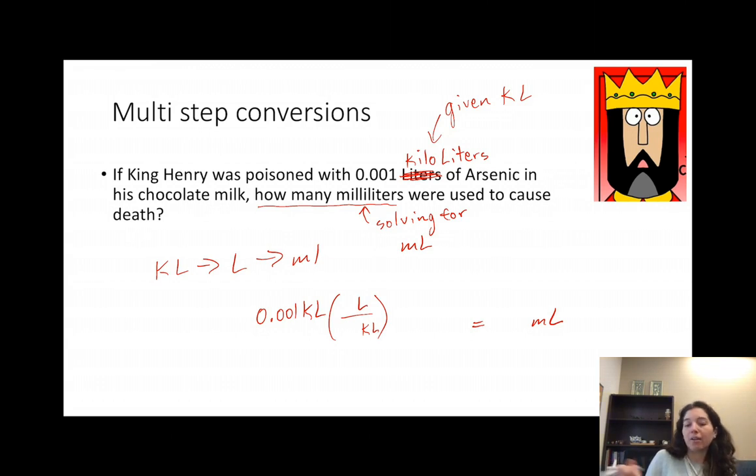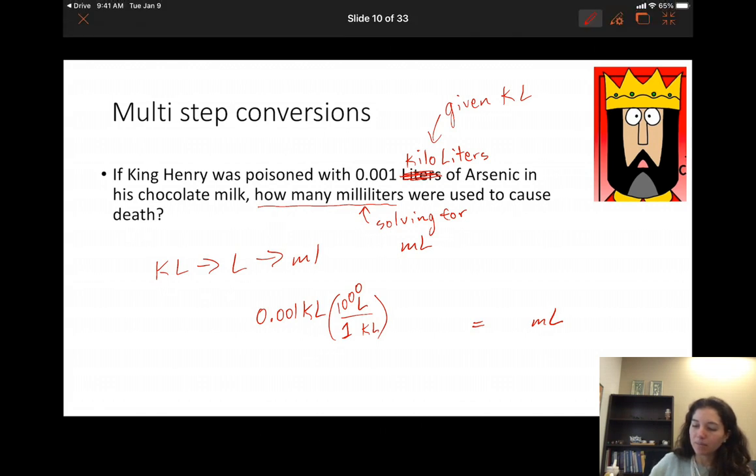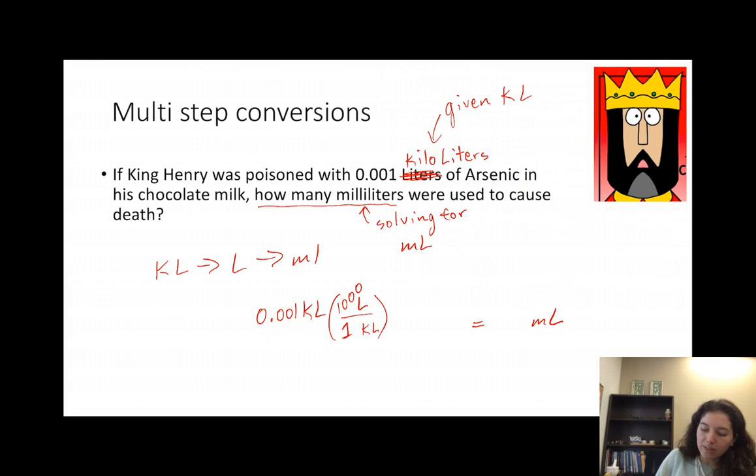We know that there are 1,000 liters in a kiloliter. Or you could say the inverse is true: there's 0.001 kiloliters in 1 liter. 1,000 liters in 1 kiloliter. Now we're in liters. So if you look, our unit cancels out here.